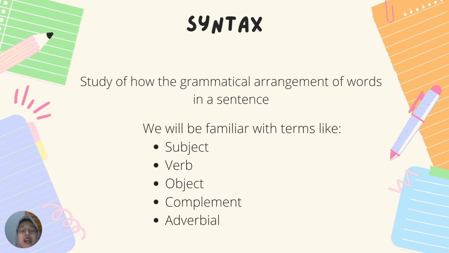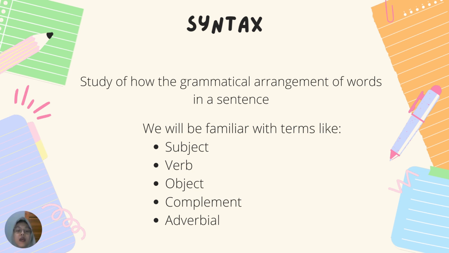Next, syntax. Syntax is the study of the grammatical arrangement of words in a sentence. Then, we will be familiar with terms like subject, verb, object, complement, adverbial. Subject can consist of a noun phrase or pronoun. Verb can consist of a verb phrase. Object can consist of a noun phrase, pronoun, and so on.